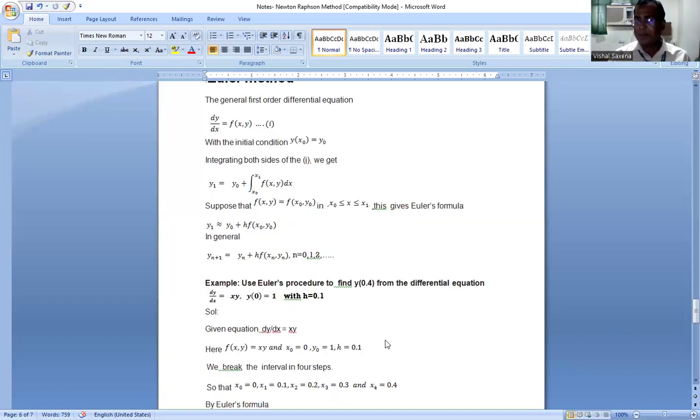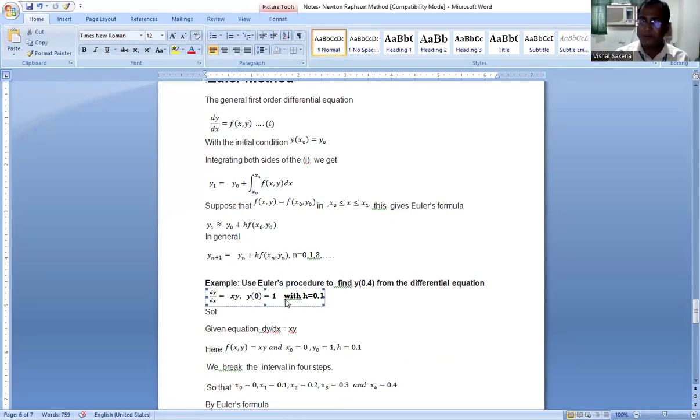But right now, Euler's method is a very basic method, and it is applicable in questions where the higher values are obtained and the initial values can be calculated by this method. So this method has some importance.